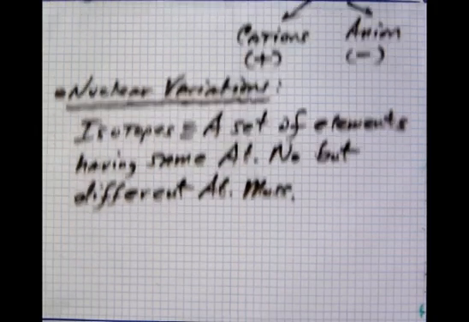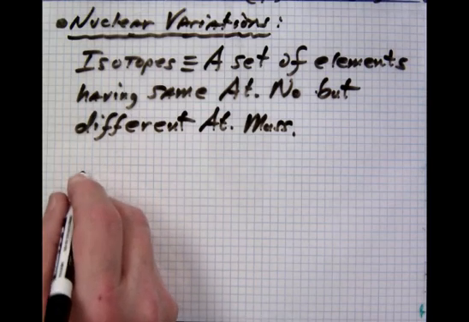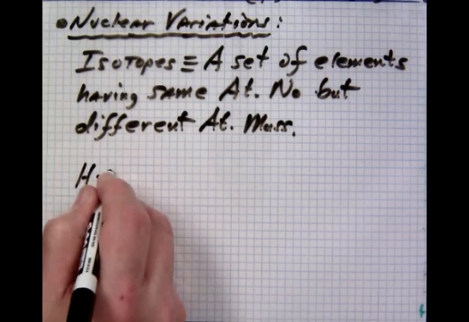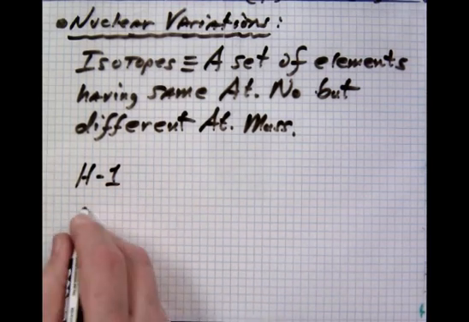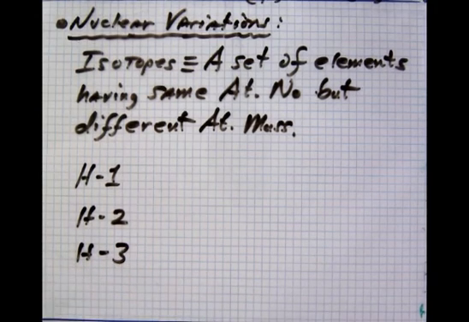One set of isotopes or elements that I want you to be aware of and learn, and it is very straightforward, and I think you'll recognize, are the hydrogen isotopes. Okay? You have isotopes of hydrogen, hydrogen 1, hydrogen 2, and hydrogen 3.